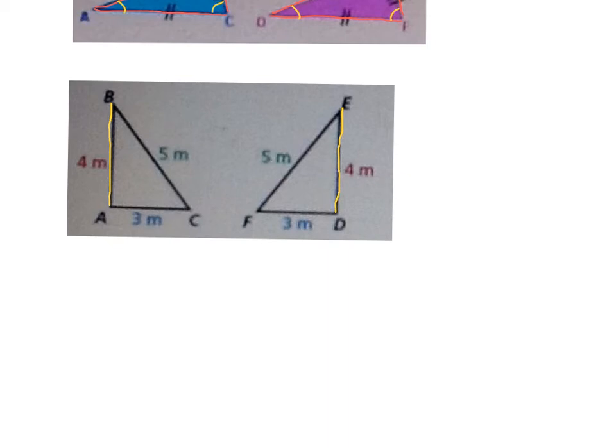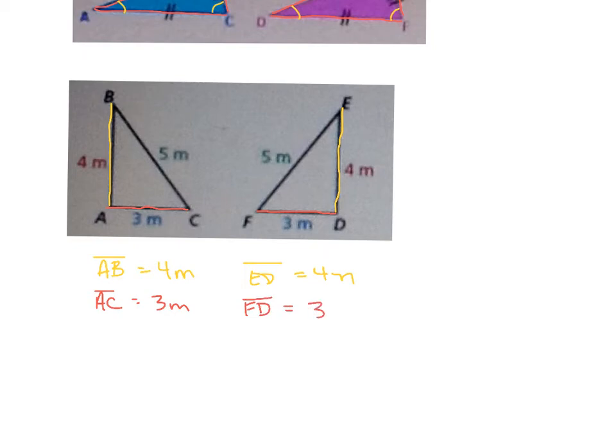So line segment AB equals 4 meters, and line segment ED equals 4 meters. Then we're going to look at the shorter straight line segment, AC, and FD. AC equals 3 meters, and FD equals 3 meters.